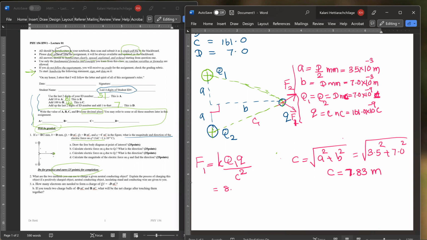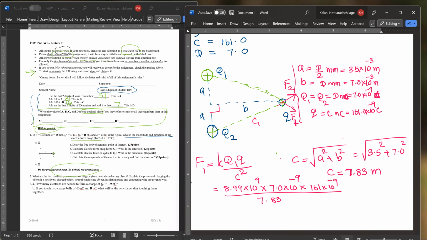This is where you're going to put the values: 8.99 times 10 to the 9, that is your K constant, and Q1, we already have it, 7.0 times 10 to the negative 9, and lowercase q is 161 times 10 to the negative 9, and you're going to divide by C to the power 2.